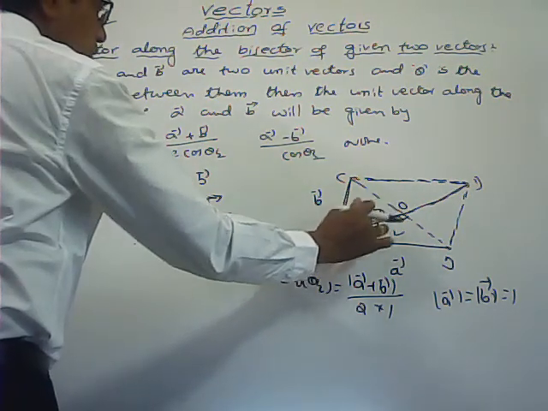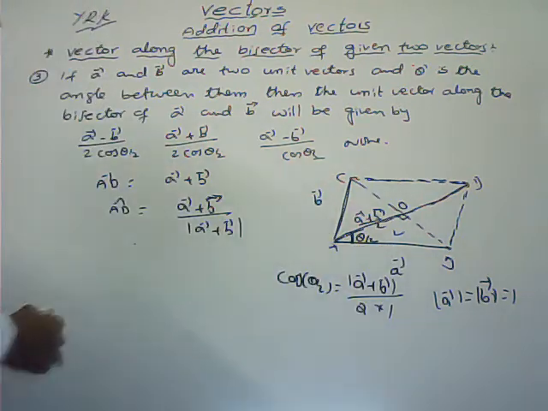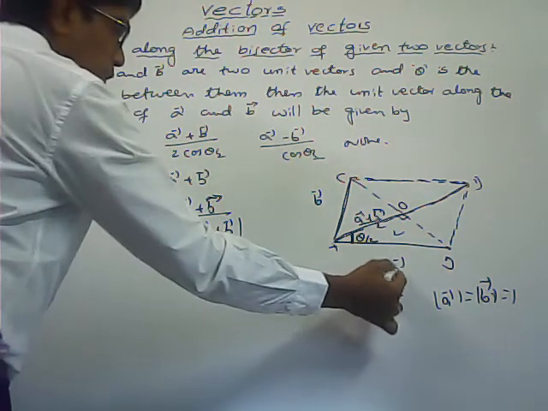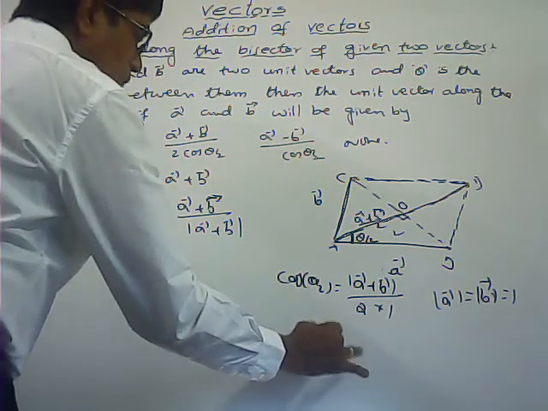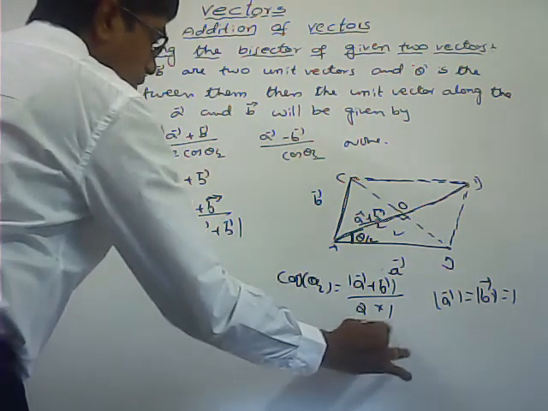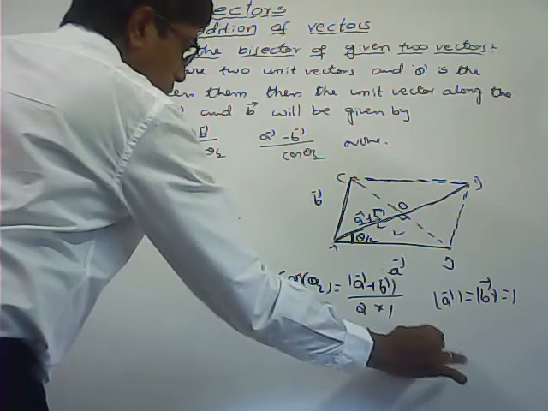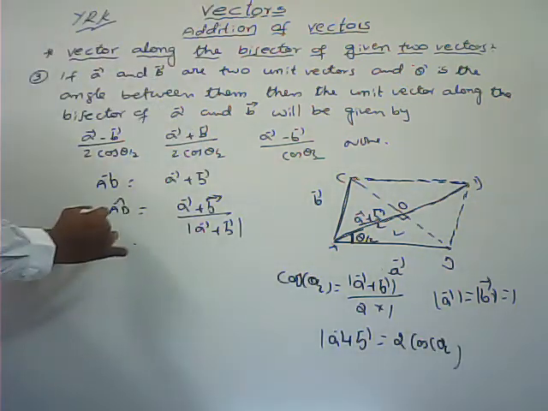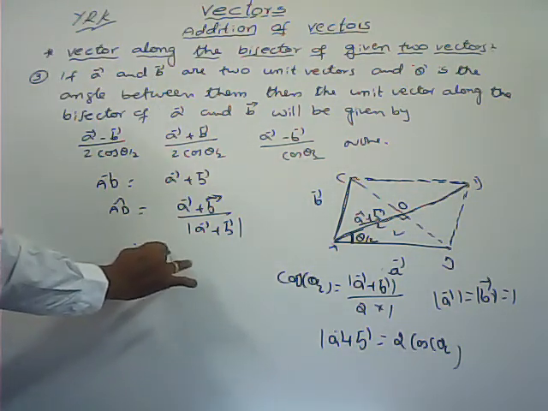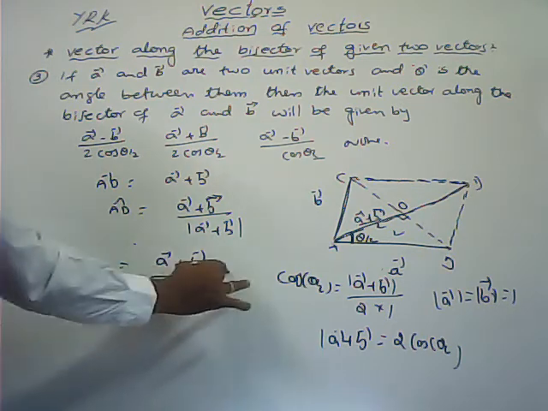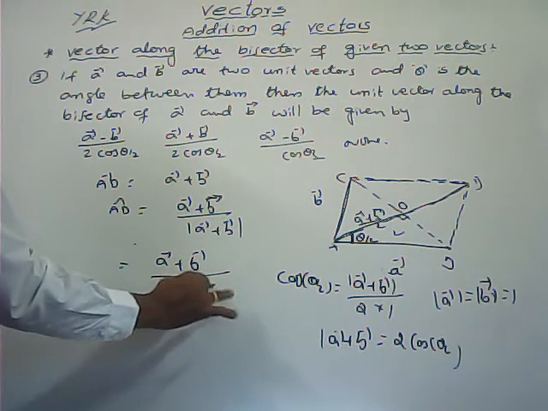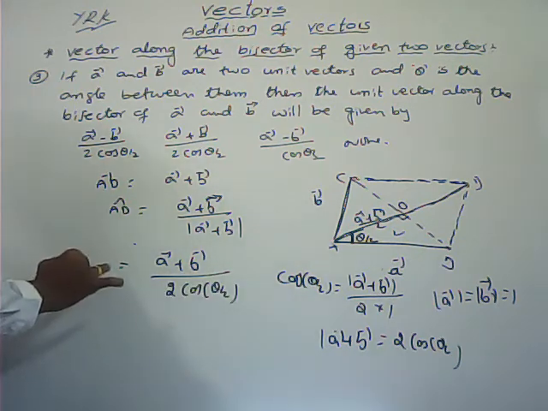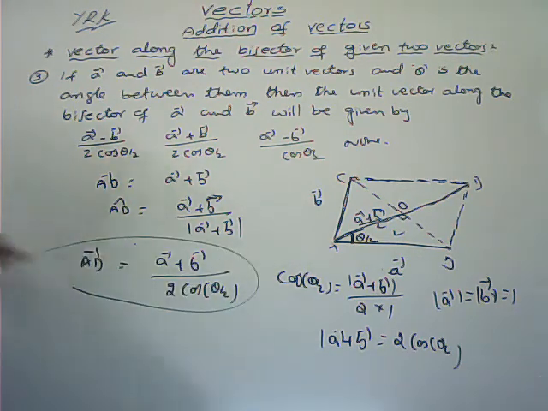Here already given, this is the unit vector, so modulus of A bar equals 1. So modulus of A bar plus B bar equals 2 into cos theta by 2. Here AD bar, that is the vector, A bar plus B bar upon modulus of A bar plus B bar, we can write 2 into cos of theta by 2. This is the vector along the bisector.